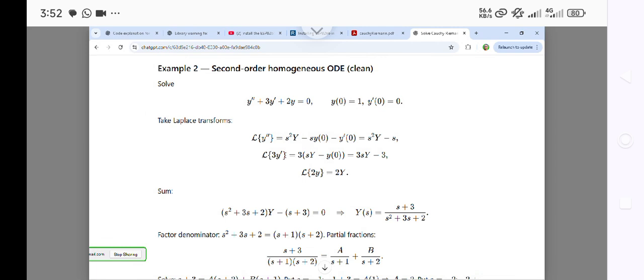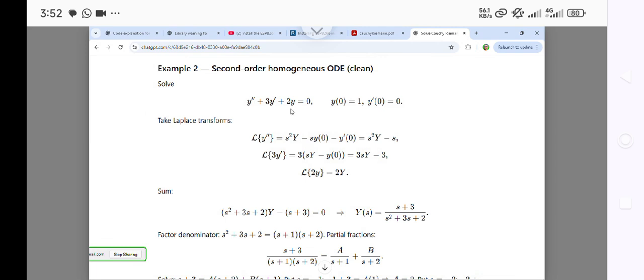Because of just one prime, we don't have any extra term here. Here we had two primes, here we have one prime. y(0) was given as 1, so when you say 3 times sY, you have this, and 3 times 1, you have this.